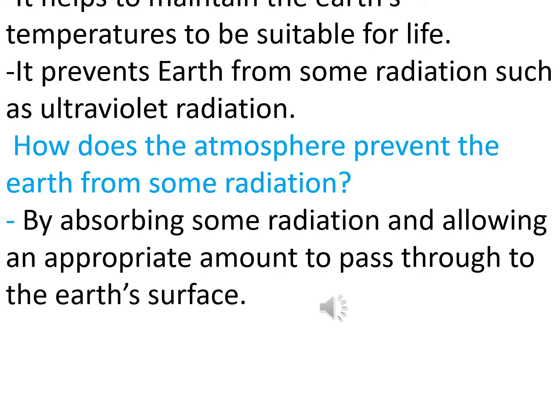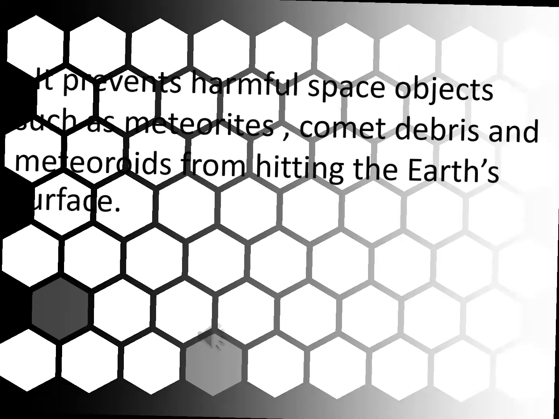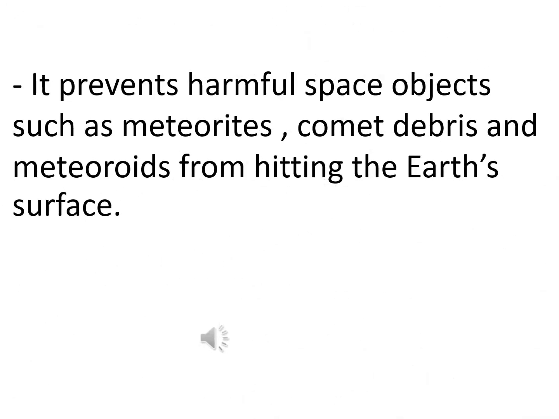So that's how important the atmosphere is. Another way in which the atmosphere is important to Earth is that it prevents harmful space objects from hitting the Earth's surface. We have examples of such harmful objects, and if it wasn't for the atmosphere, they would reach the Earth and possibly cause serious damage and effects to human life.